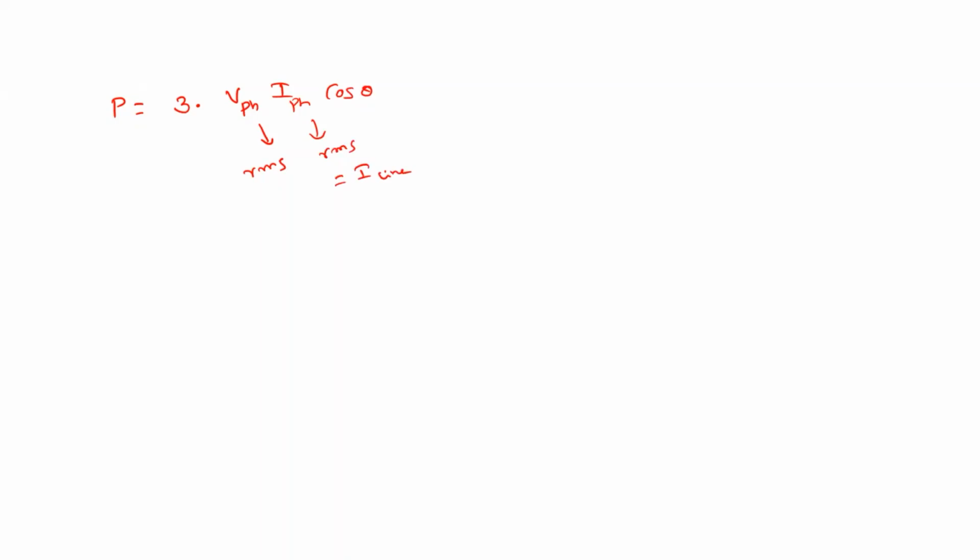Agree? This cos theta is the angle difference between the voltage phasor and the current phasor. This is for R phase. In the case of a balanced system, this phase difference is common, so it is also equal to the angle difference between Vy and Iy, Vb and Ib.